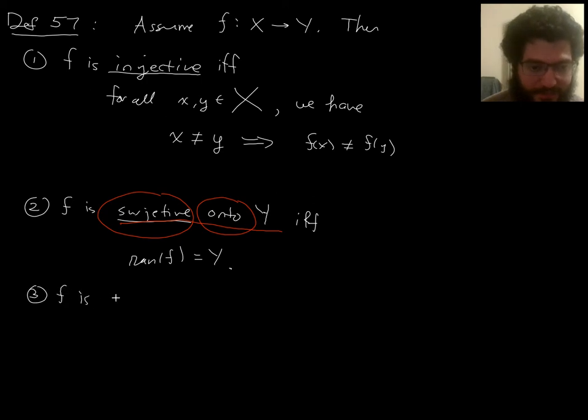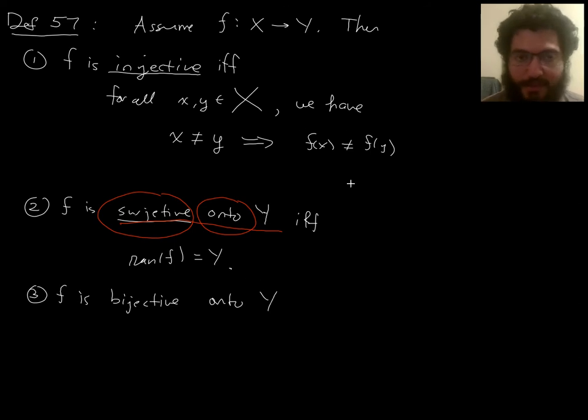Finally, our third and last adjective for today: f is bijective. I'll also include this "onto Y" part, but again, that's usually omitted if the context is clear, that f maps X to Y, that Y is the chosen codomain.